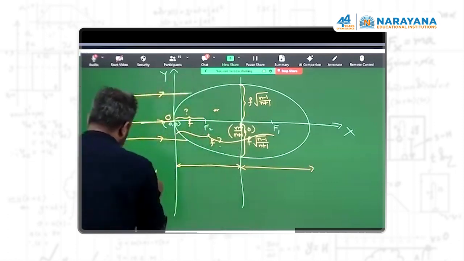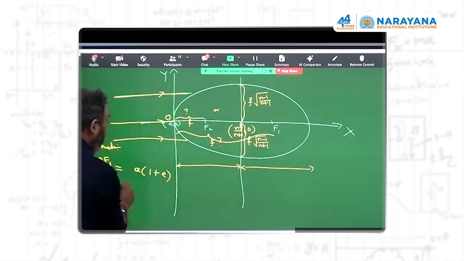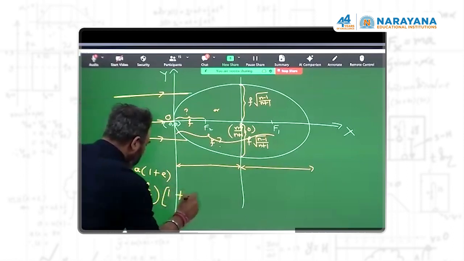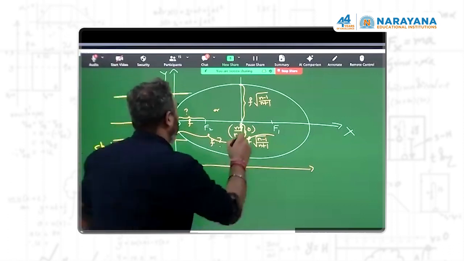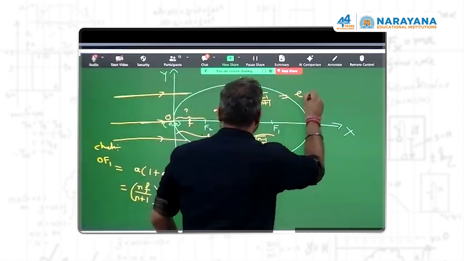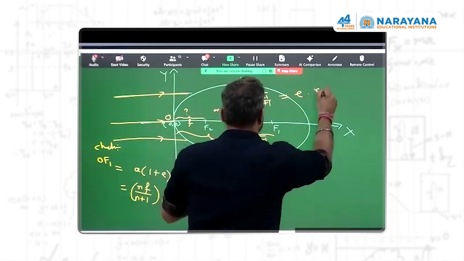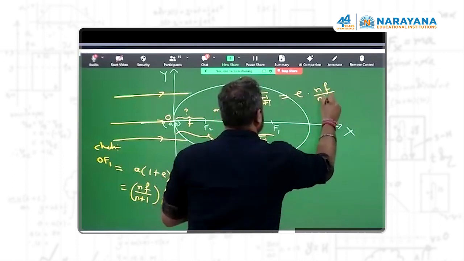So A into 1 plus E, and that A is what? NF upon N plus 1 into 1 plus E. And now this is equal to E into A, and A is how much? NF upon N plus 1.